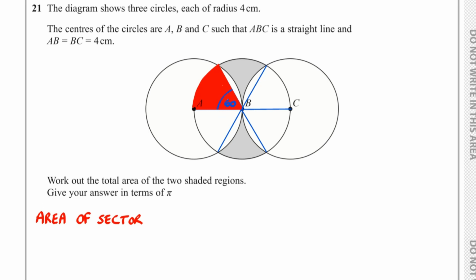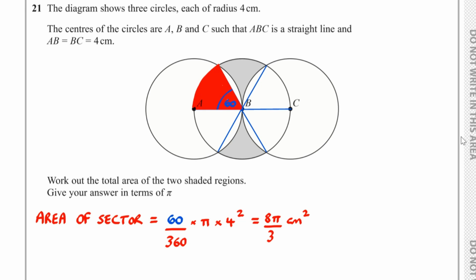So the area of the sector then is equal to 60 divided by 360 times pi times by the radius squared. The radius is 4. And if we work this out, what we end up with is 8 pi over 3. So we have 8 pi over 3 centimeters squared for this shaded region here.